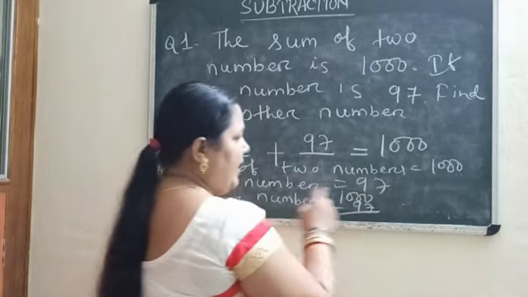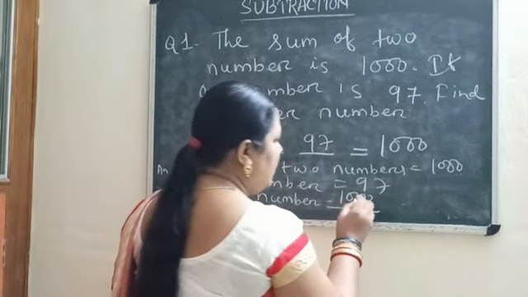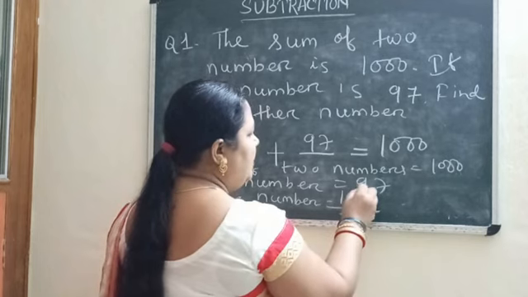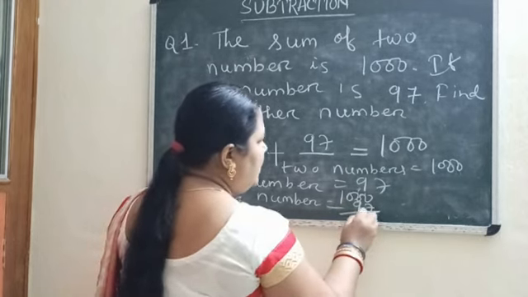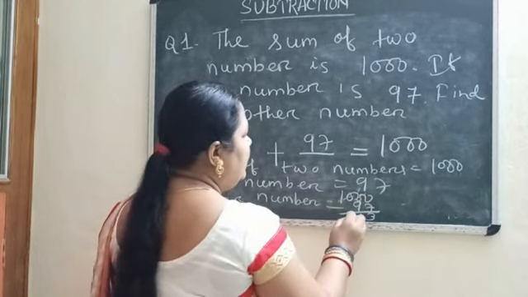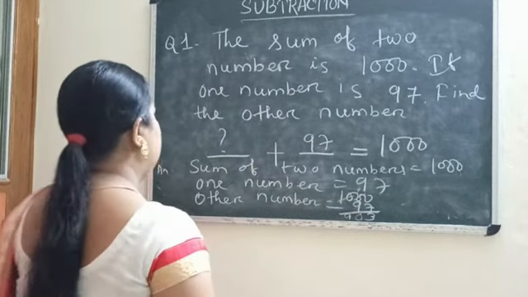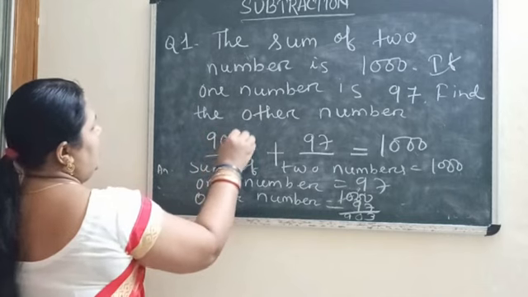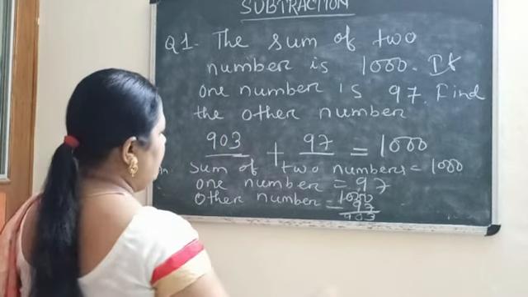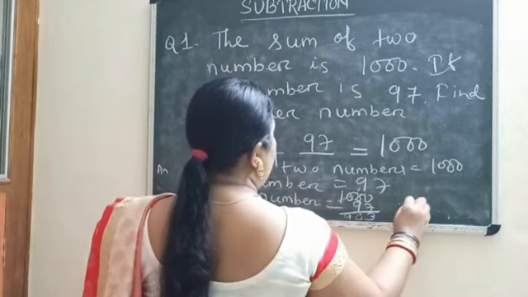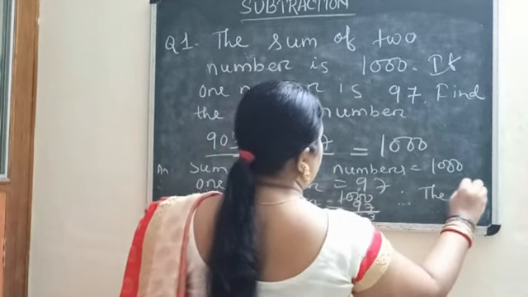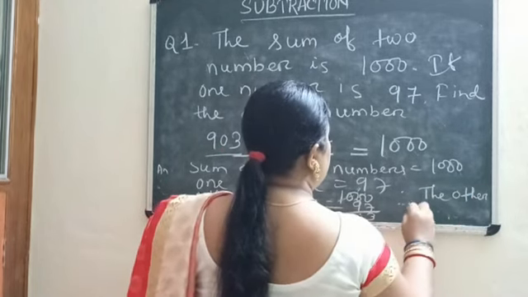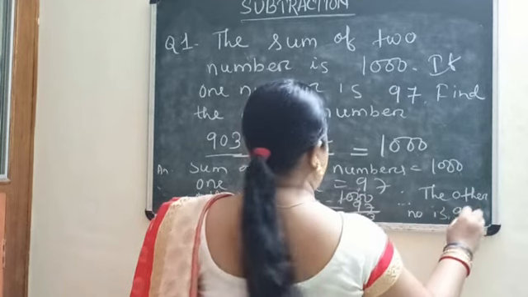Then here will be 10. 10 minus 7, it will be 3. Here how much is left? 9. 9 minus 9 is 0. Then here 9, then 9 will come down. That means our other number is 903. So you will write, therefore the other number is 903.